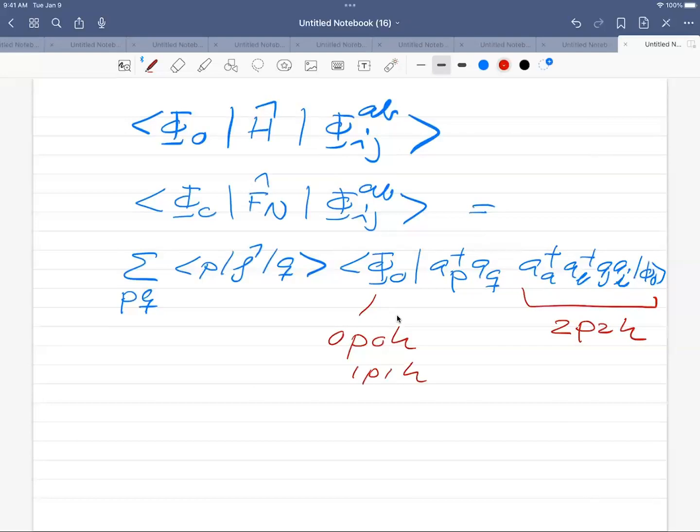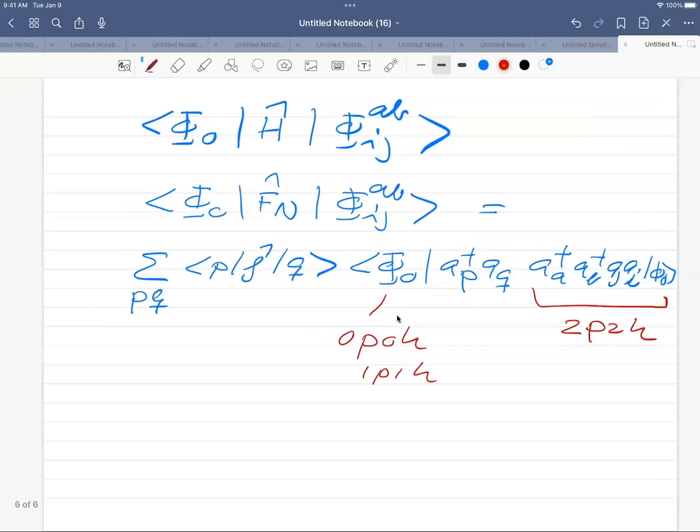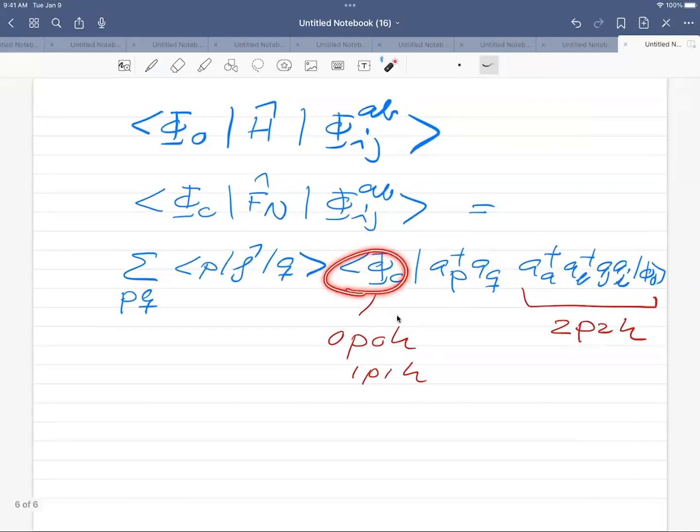Does that sound reasonable? So you can actually look at what kind of states you create in these different operations, and then you look at the fact that at the end you have a vacuum state here, the new reference state, and a reference state here. And these different operators bring you to different types of two-particle two-hole, one-particle one-hole, etc. states.